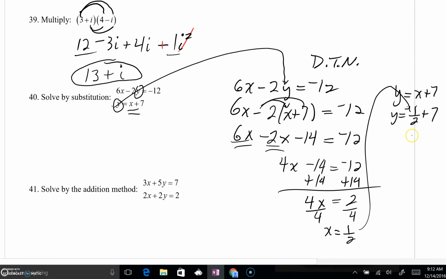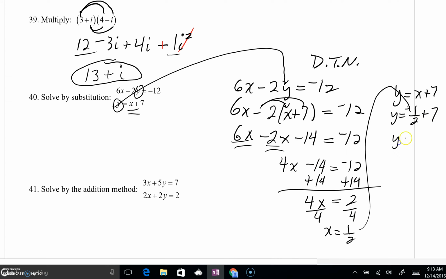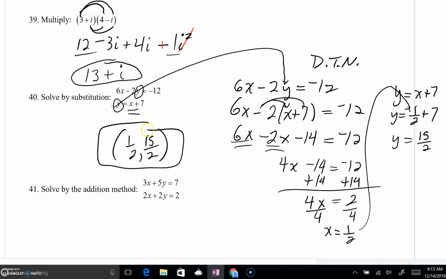Well, 7 is really 14 over 2. And 14 over 2 plus 1 over 2 is 15 over 2. You also could have gotten that via your calculator. I was about to show that to you, but I'm sure you can do that quickly on your own. So very nicely, we're done with this problem right here.